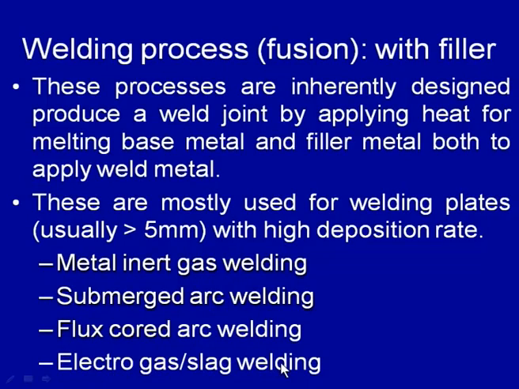In case of electro gas and electro slag welding processes, the heat required for melting in case of electro slag is obtained by electrical resistance heating, while in case of electro gas welding process, the arc is established between the weld pool and the electrode, and it is well covered by the shielding gases.